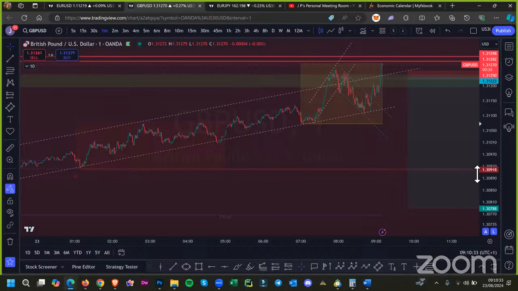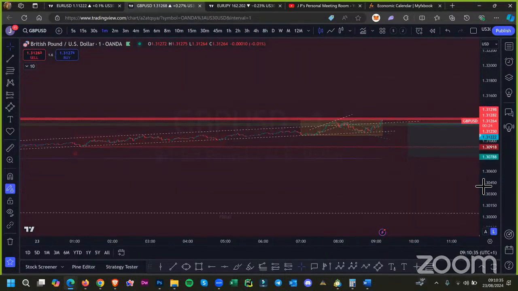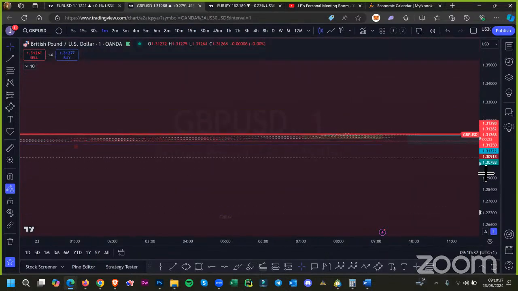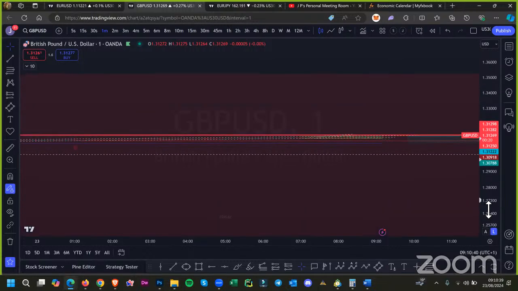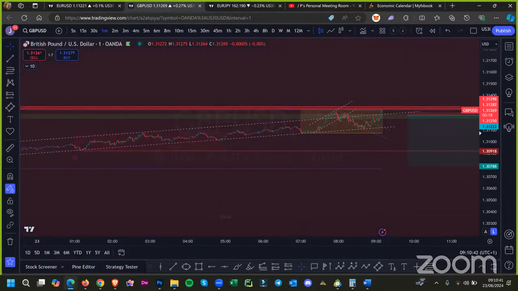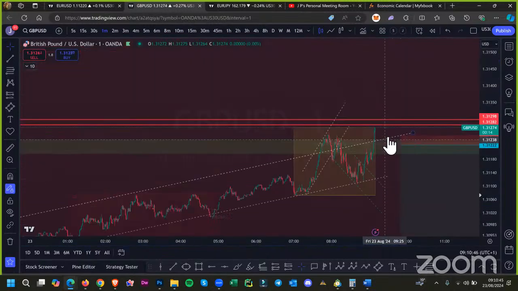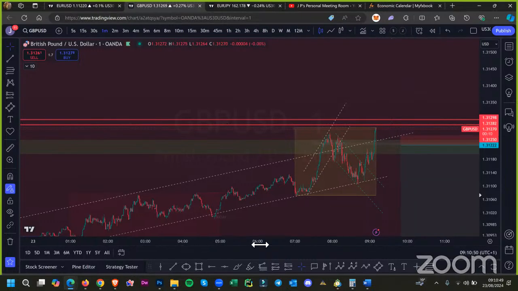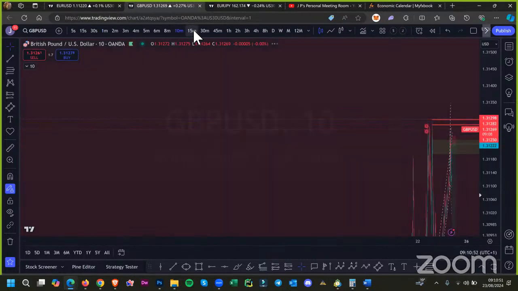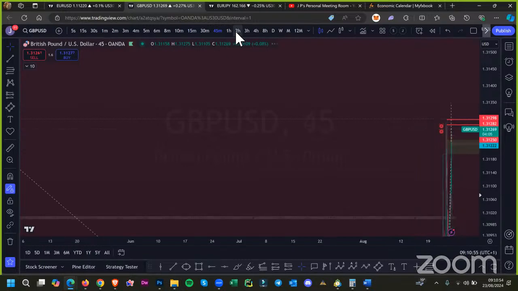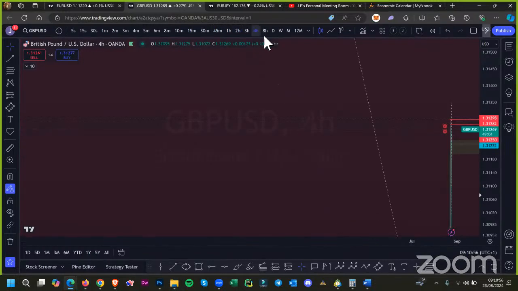There's my other line I put in. I believe it may want to push past all of this liquidity over here before doing something. GU is a bit of a concern for me. Let's have a look.